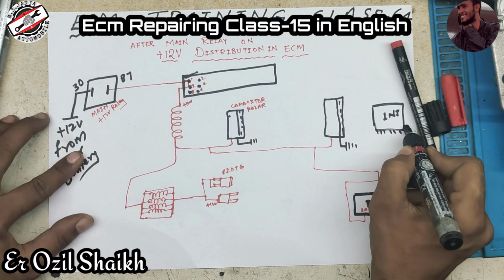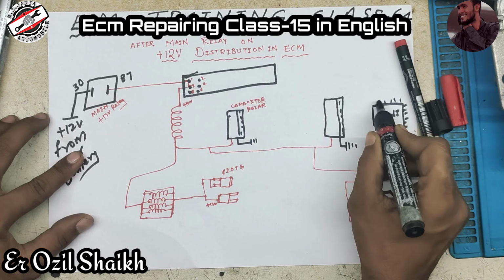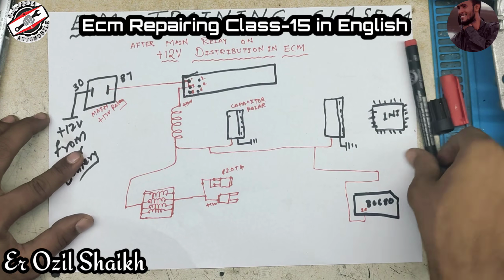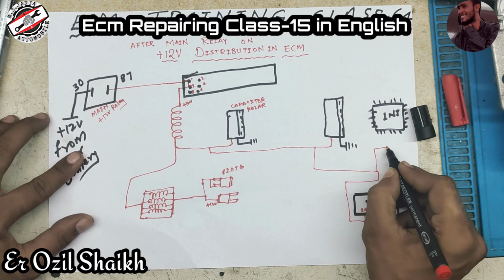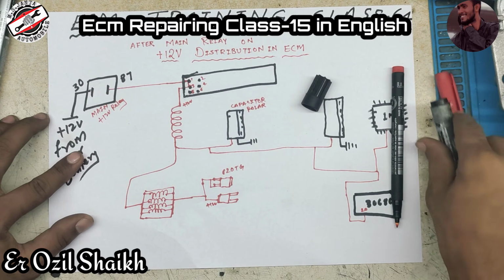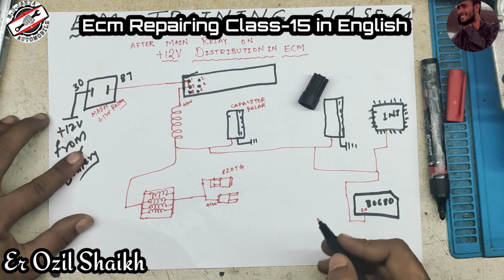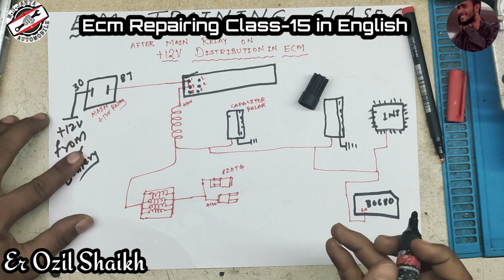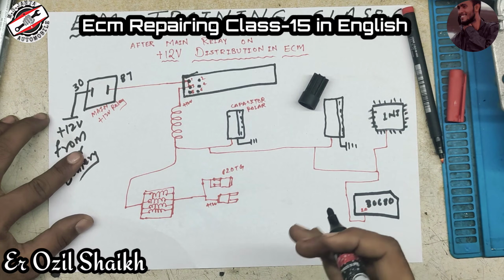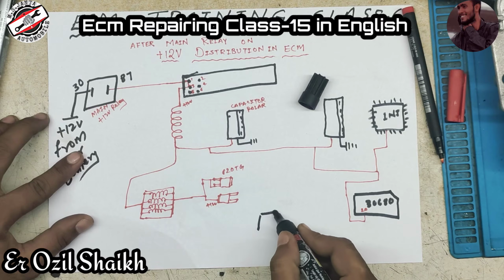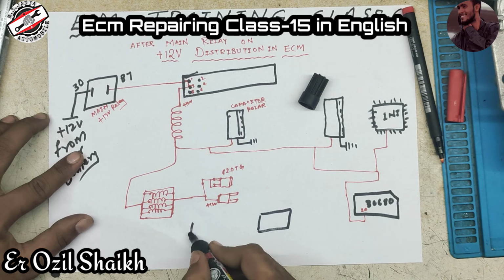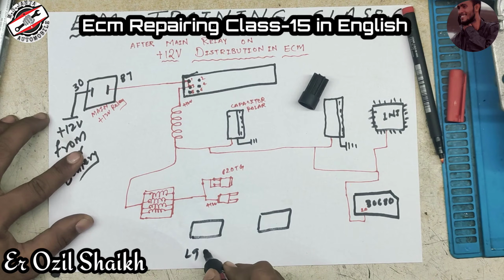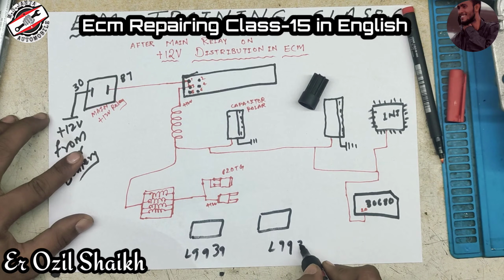And this is the injector driver. As you see, the injector driver also has direct 12 volts. So this is the injector driver, this is the power IC, and it also goes to the throttle IC. Many ECMs use it, but the throttle IC is commonly used because the throttle IC upside and downside also get 12 volts, because the throttle is opening and closing.